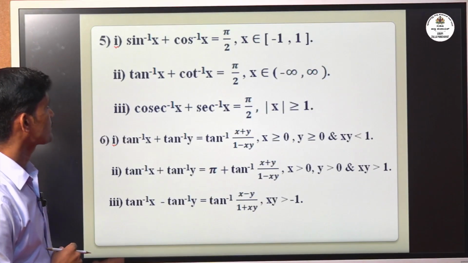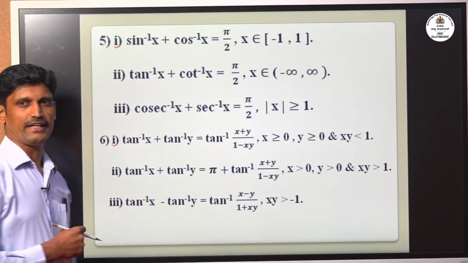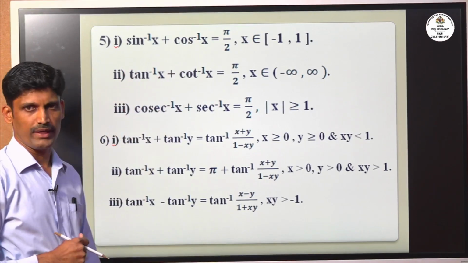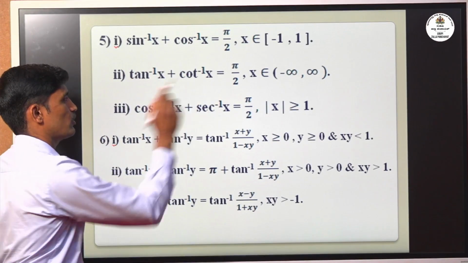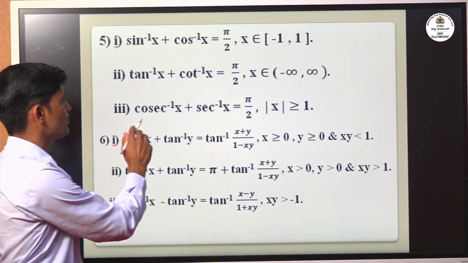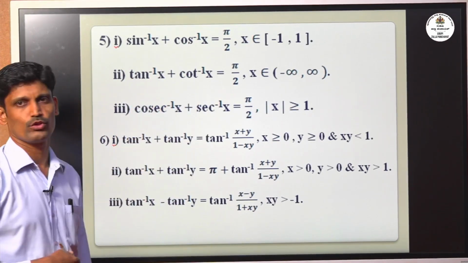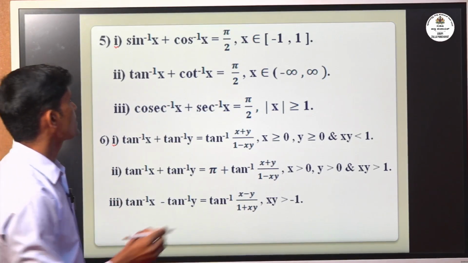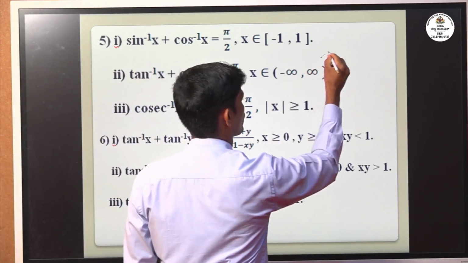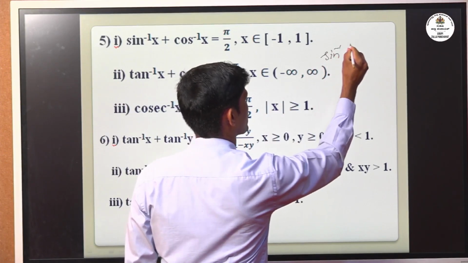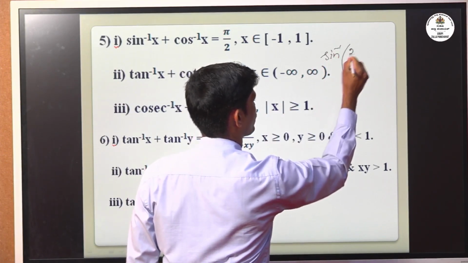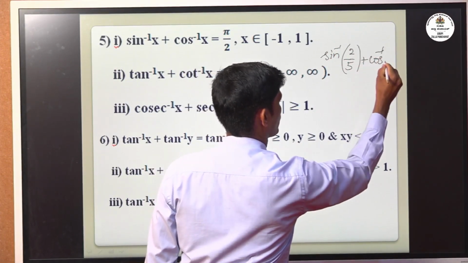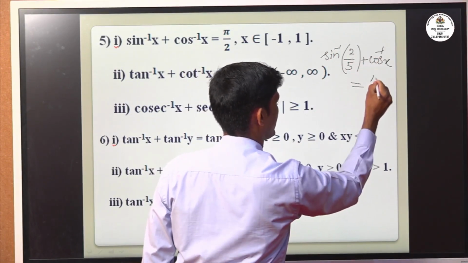Then these are some important identities, like sin inverse of x plus cos inverse x equal to pi by 2, tan inverse x plus cot inverse x equal to pi by 2, cosecant inverse x plus secant inverse x equal to pi by 2. On these properties also directly they can ask the questions like sin inverse of something like 2 by 5 plus cos inverse of x is equal to pi by 2, then what is the value of x?